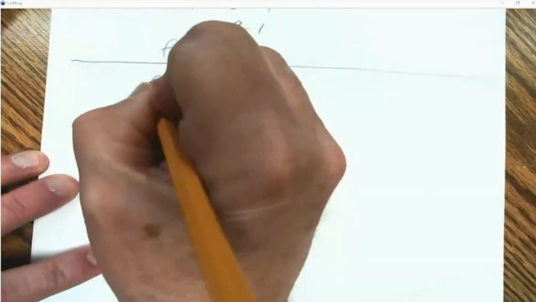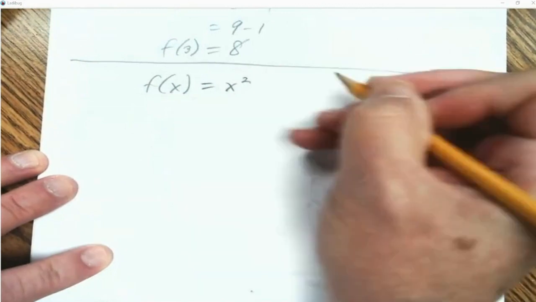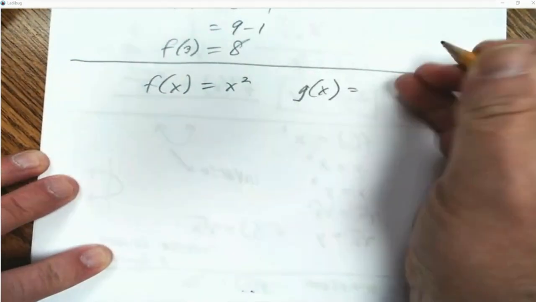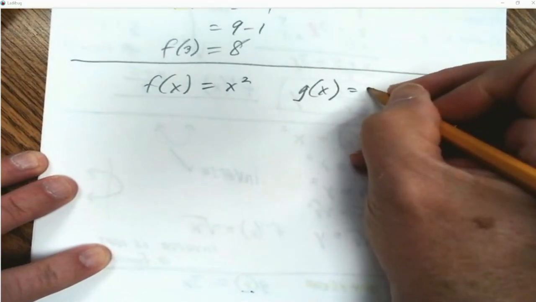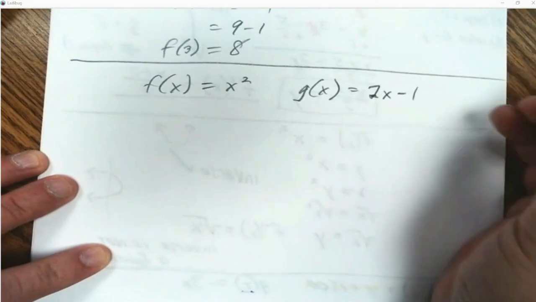Let's do another example back here. Let's say, and I'm going to make this one up, I'm not going to use one from Buzz this time. F of x equals x squared, and g of x equals 2x minus 1.